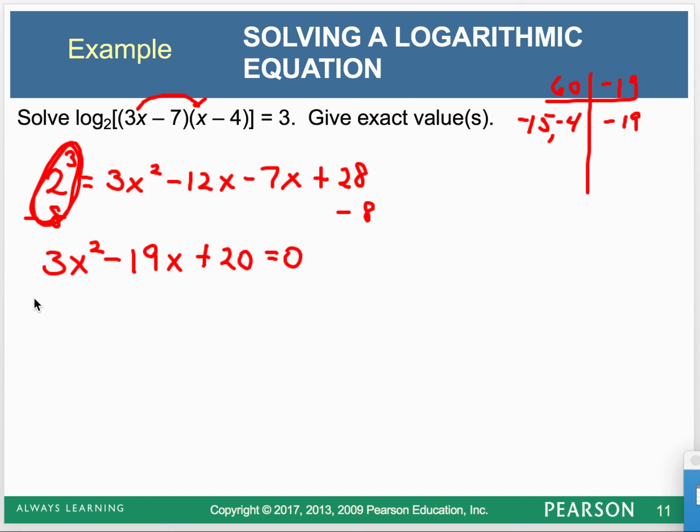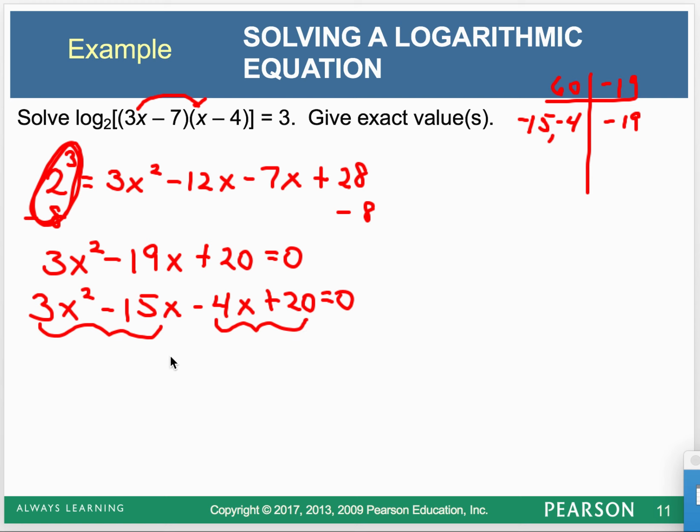So, need to factor. I'm going to say it constantly. Got to be able to factor. Let's just rewrite our negative 19x using those two numbers so that now I can factor by grouping. Okay, so I can factor out a 3x, which leaves x minus 5.